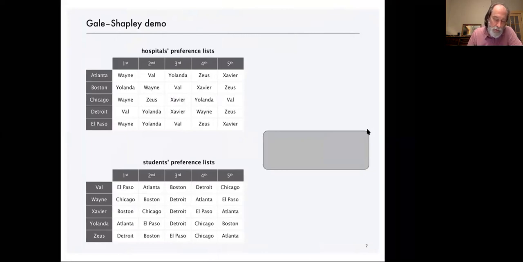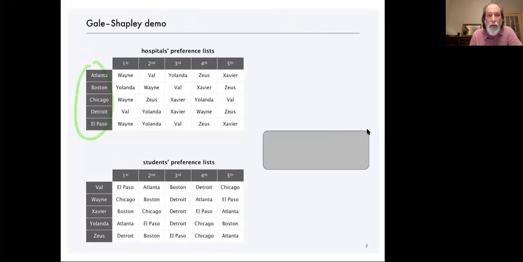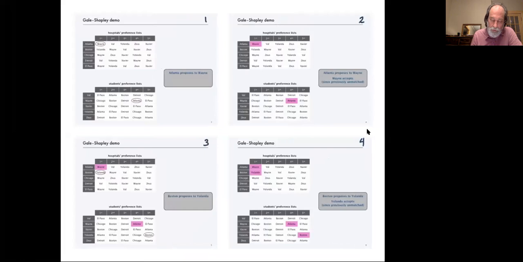So here's an instance with 5 hospitals and 5 students and their list of preferences. Okay, so we begin with some unmatched hospital making an offer to a student.